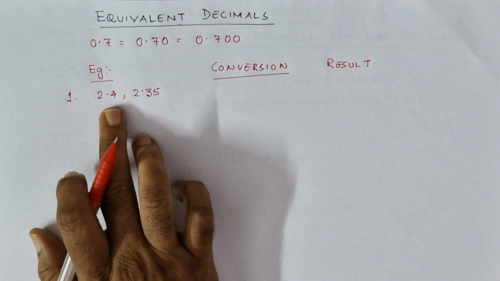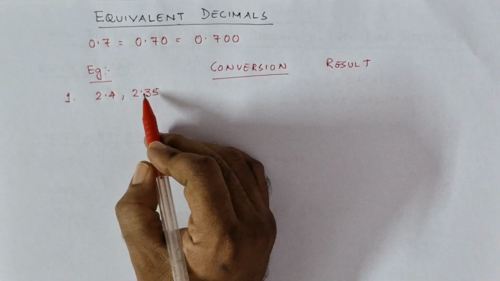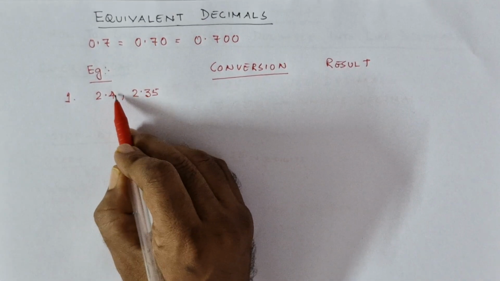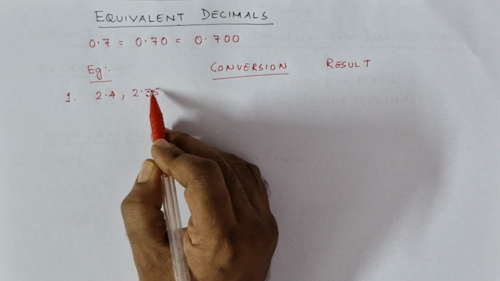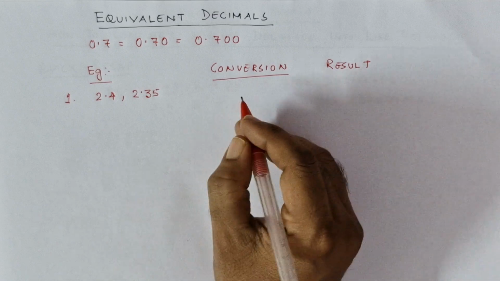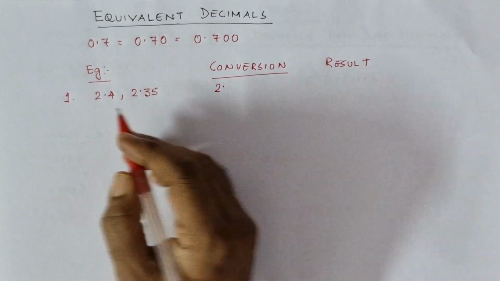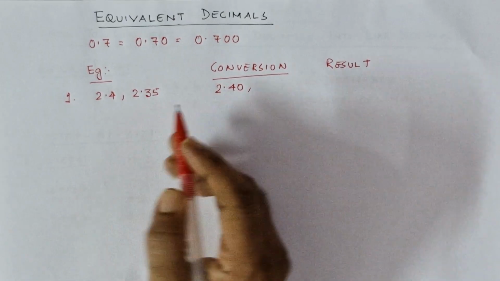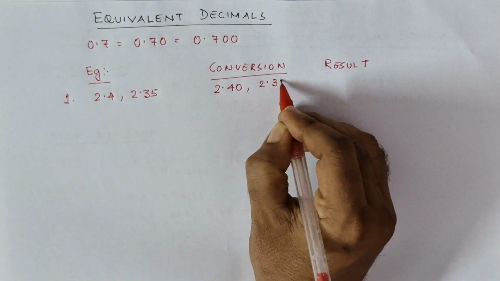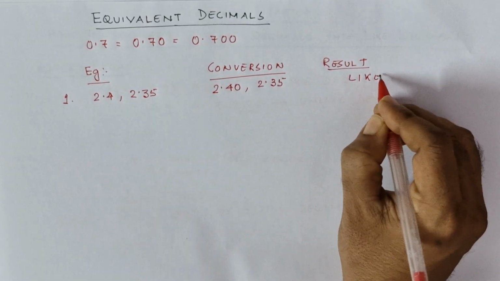Let's recap: here is 1 digit after the decimal in 2.4, and in 2.35 there are 2 digits after the decimal. So what do you need to do? You just write the equivalent decimal form of 2.4, that is 2.40, to make it equal. So 2.40 and 2.35 are now like decimals.